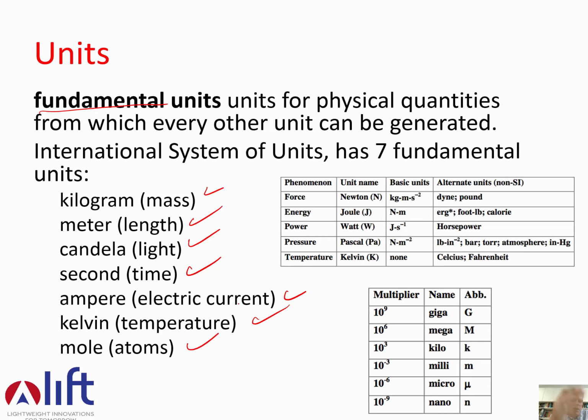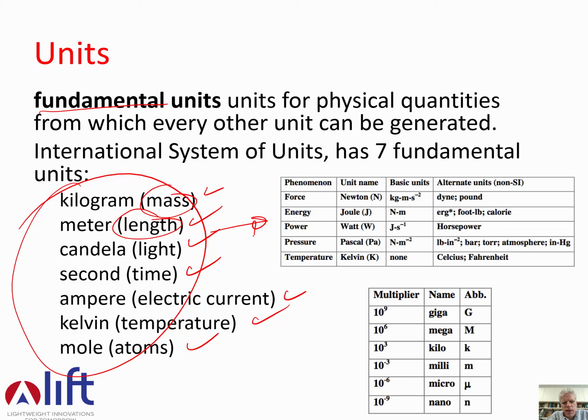Moles are atoms. Those are the systems, and there are different systems that might express mass differently, length differently. For example, mass or force might be determined in pounds. Length might be in feet. And we go back and forth between these unit systems. We'll talk about how we can do that. And then from these fundamental units, you can get all of these others and a lot more: force, energy, power, pressure, magnetic field.